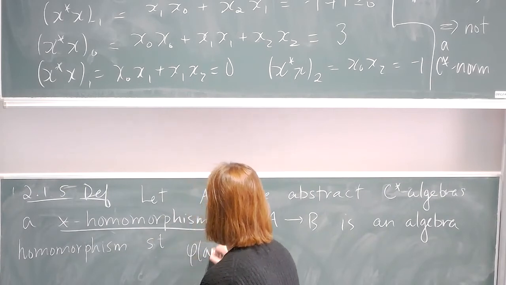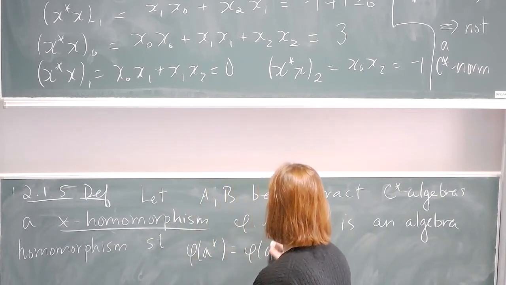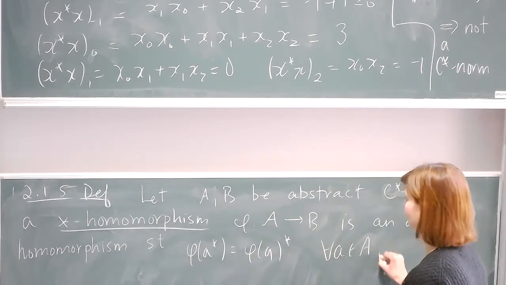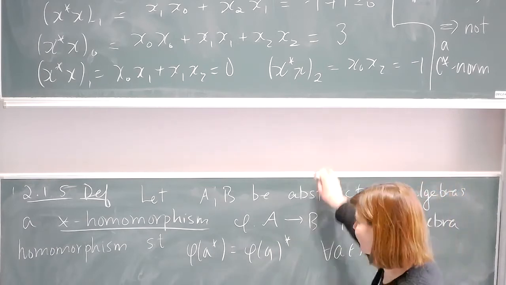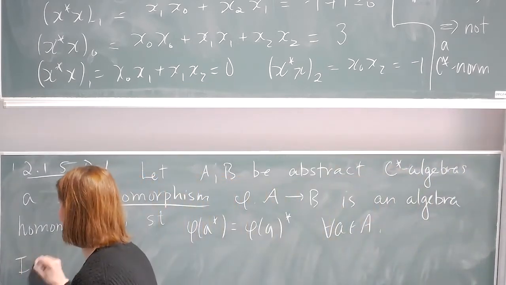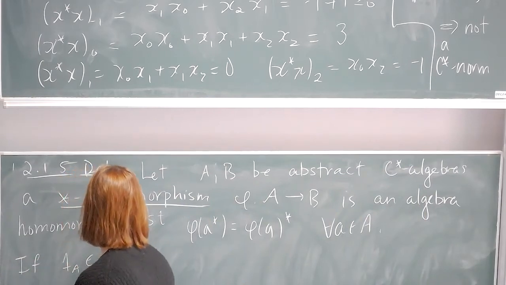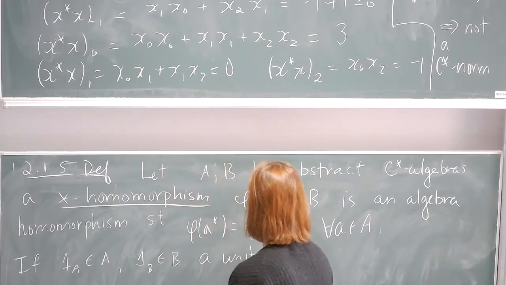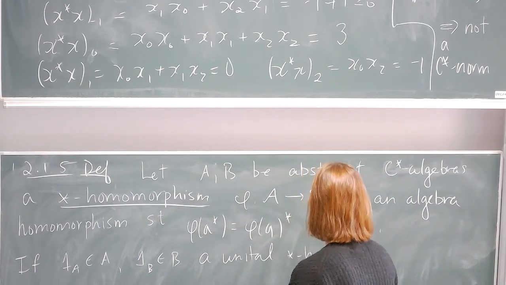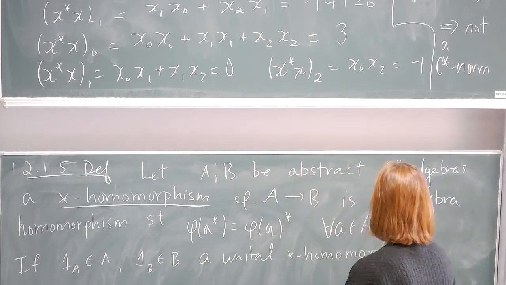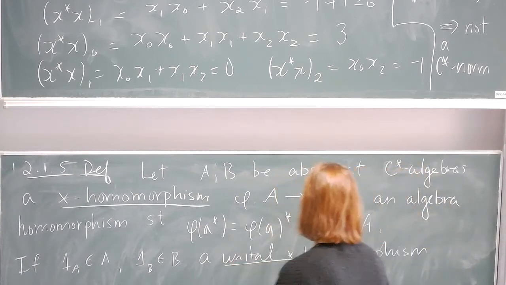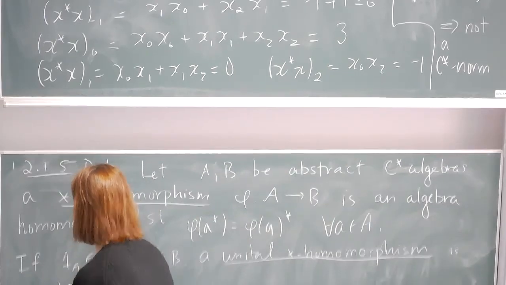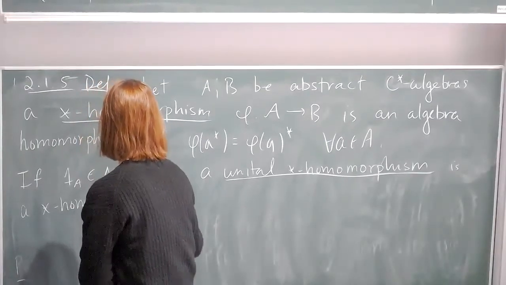We want phi of A star to be mapped to phi of A star, where the star now is in B. And once again, if A and B happen to be unital, then we have the notion of a unital star homomorphism.